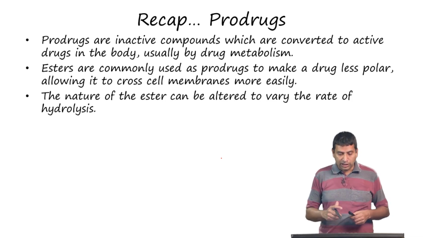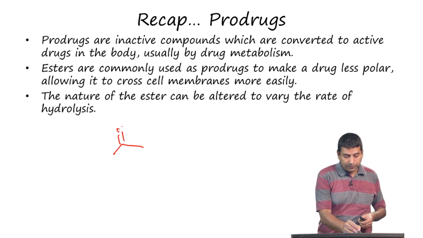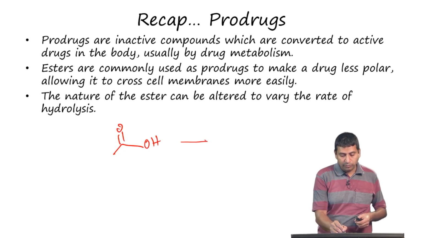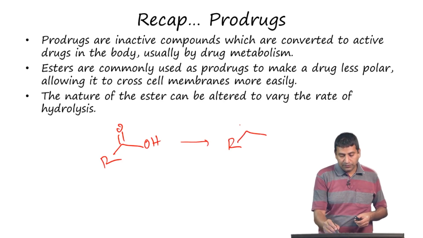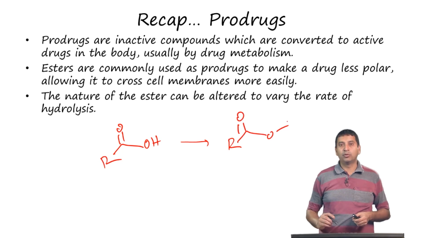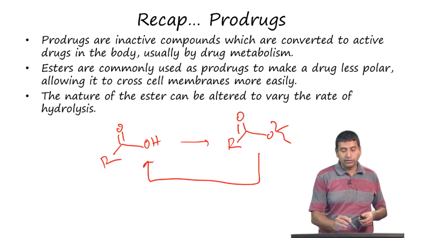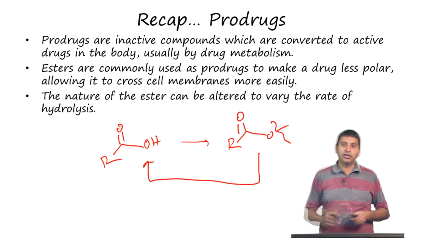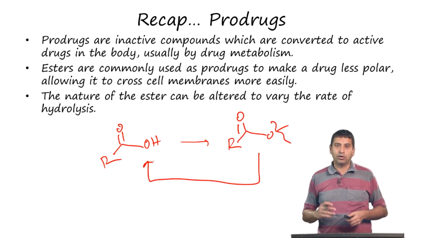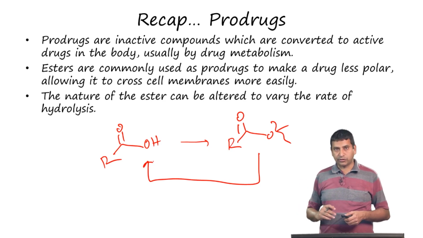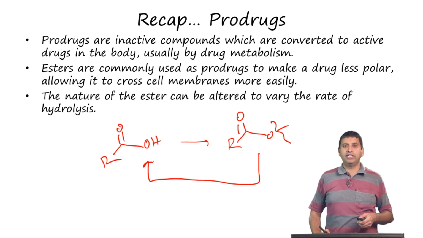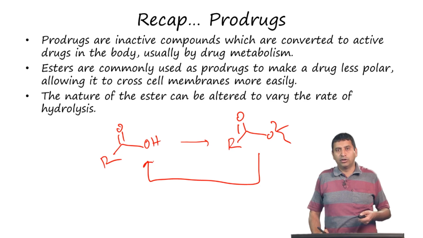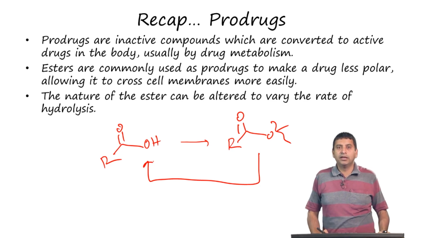Carboxylic acids are themselves very poorly permeable, but once you convert them into an ester, they improve the permeability, and these esters are quite susceptible to hydrolysis, so they can be converted to the active drug after they permeate cells. We have also looked at how to vary the nature of the ester so that you can alter the rate of hydrolysis.